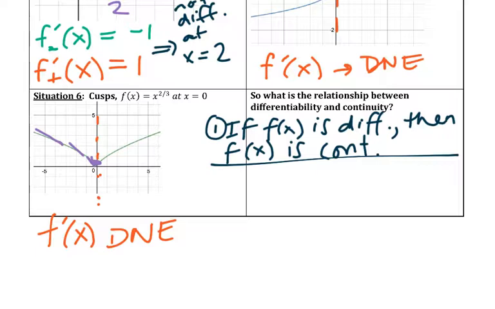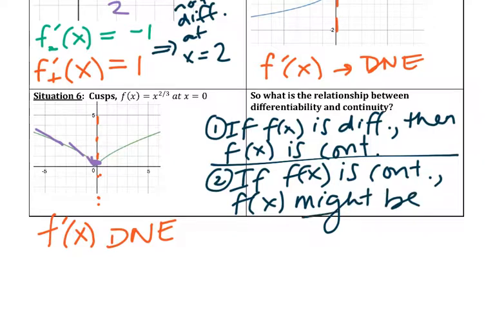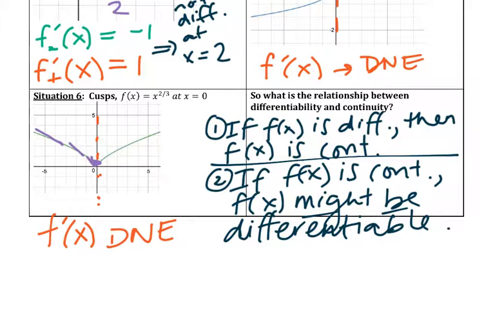Does this work the other way, though? No. If f of x is continuous, f of x might be differentiable. So it does not guarantee that you will be able to take the derivative. You have to test that out.